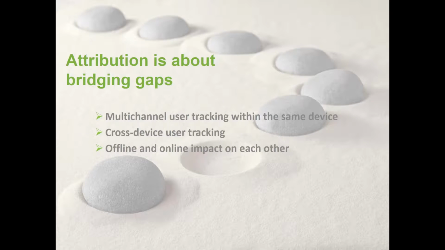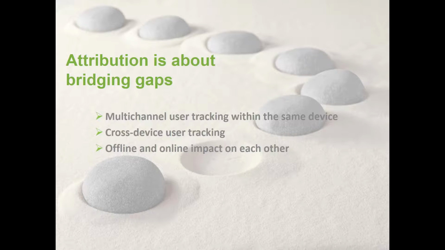It's also about bridging the gaps. There's nothing today that can bridge all the gaps 100%, and we'll talk about why. When we say cross-channel or multi-channel attribution, we're really talking about three different things. First, are you able to track and measure, on a user level, the interactions happening within the same device, speaking digitally?